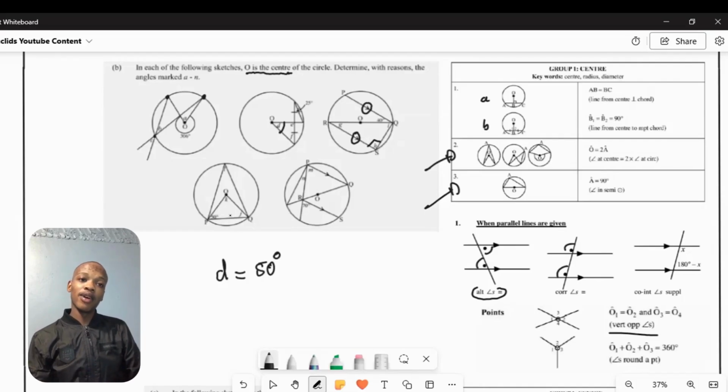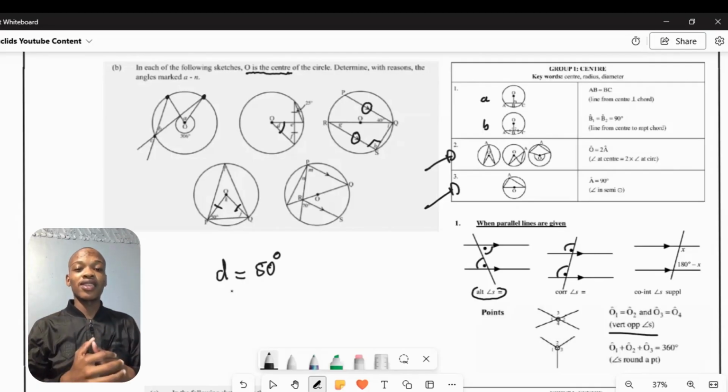And then another one, K and L. We have 50 there. According to our notes, know your radii are always equal, which means OP is equal to OQ, and angles opposite equal sides are equal, which means F is going to be equal to 50.